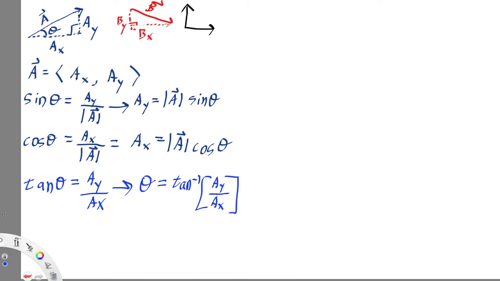Lastly, we can use the Pythagorean theorem to get at the length of the vector if we already know the legs. Right? So the length of the hypotenuse is going to be the square root of the sum of the squares of the other two sides. So this is how we break down a vector and recombine it.